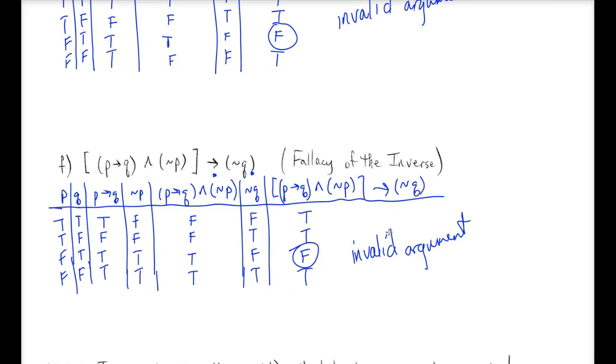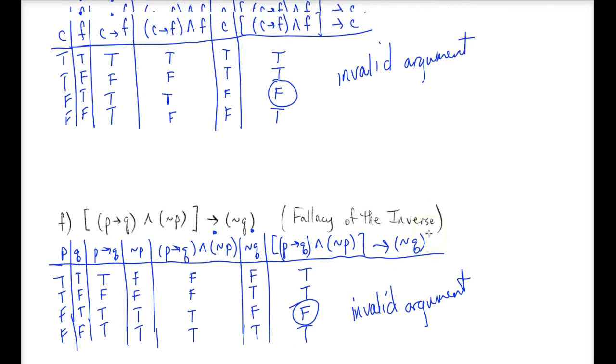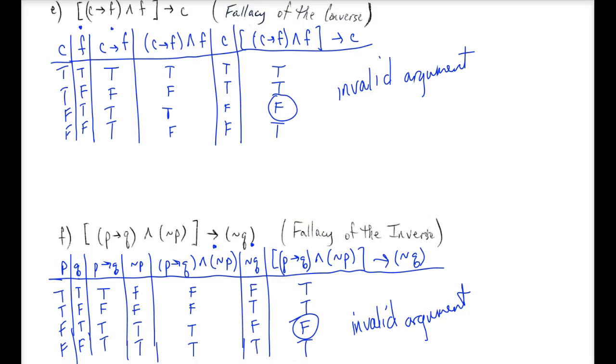But if we state what we say in such a way that it meets the fallacy of the inverse, or the fallacy of the converse up here, we know that we're going to have a false statement there. But for some of the others, like the disjunctive syllogism and the law of contraposition, no matter how we say it, it is going to end up being true. And that's sort of the beauty in logic.